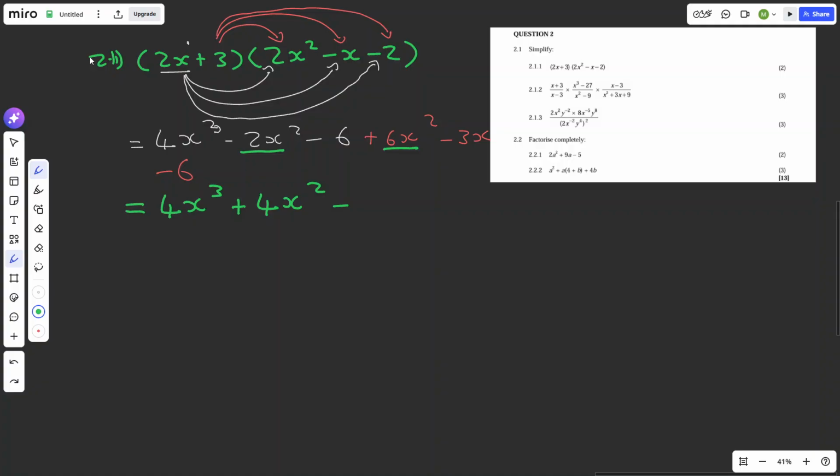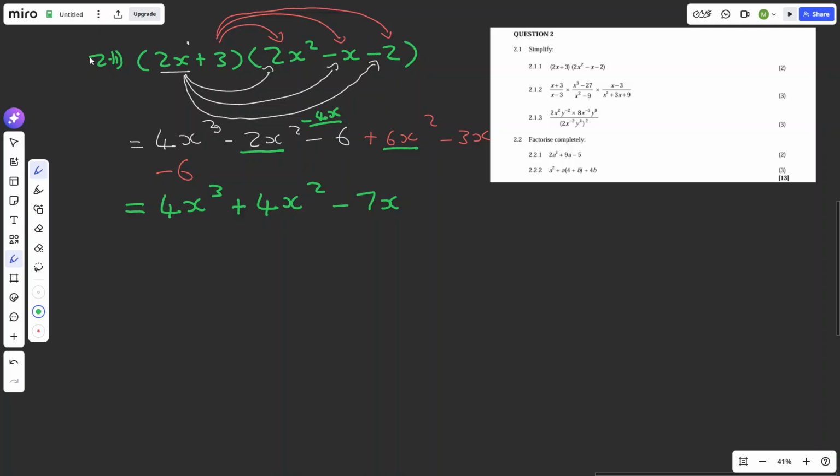So we missed this part here. You see 2x multiplied by minus 2. So now that one is going to be minus 4x. So we actually have two like terms. We've got minus 4x and minus 3x. So that gives us minus 7x.